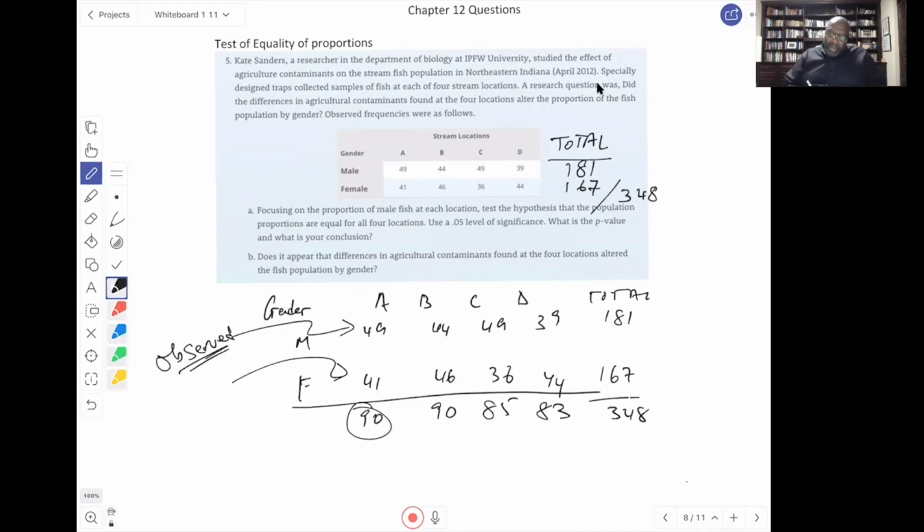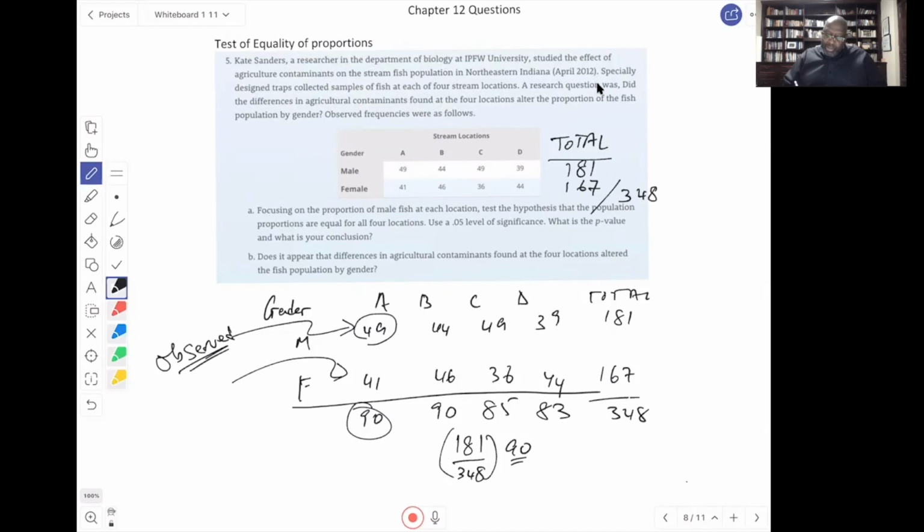So you'll notice that if I were doing the first one, I would take 181. If I'm going to try to determine for location A, how many males can we expect to find if the proportions are the same? Well, what I do is I use 181 over 348 as my best estimate of the proportion of males overall, and then I multiply it by 90.